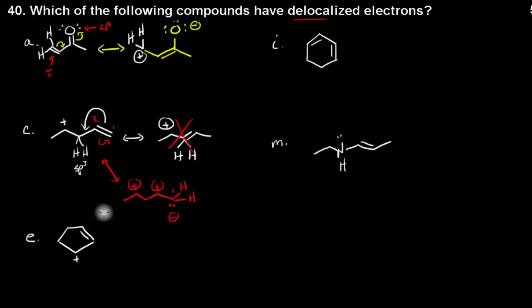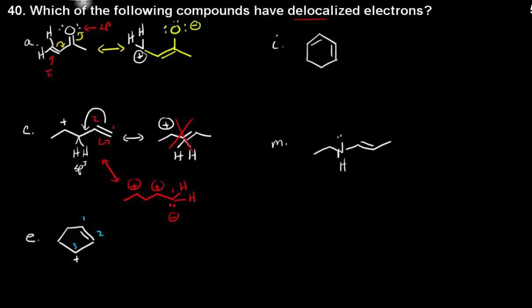Okay, so moving on to sub-question E, we've got a totally different situation now where we have, let's say, carbon 1, 2, and 3. It's a similar situation to what we had up in sub-question C, but in this case, if we try to actually move the pi bond over to this 2 to 3 carbon bond, we're not actually going to be skipping over any sp3 hybridized carbons.